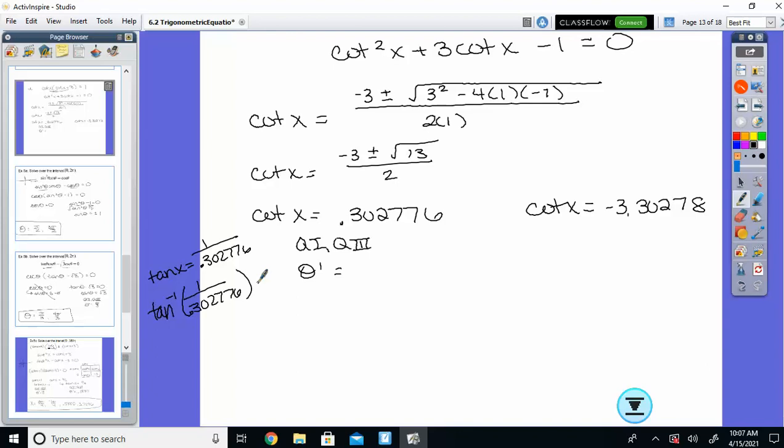So second tangent 1 over 0.302776. So in quadrant 1, your reference angle is your angle. In quadrant 3, you would have to add 180. So we get 253.1549 degrees.